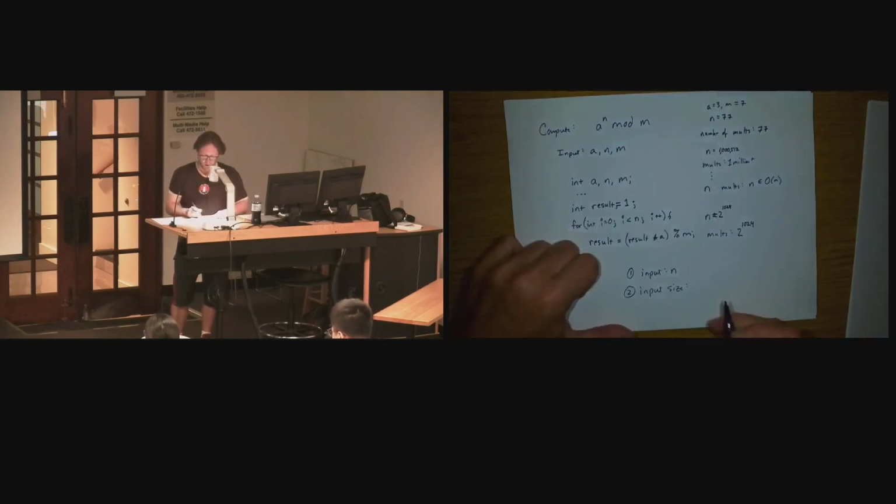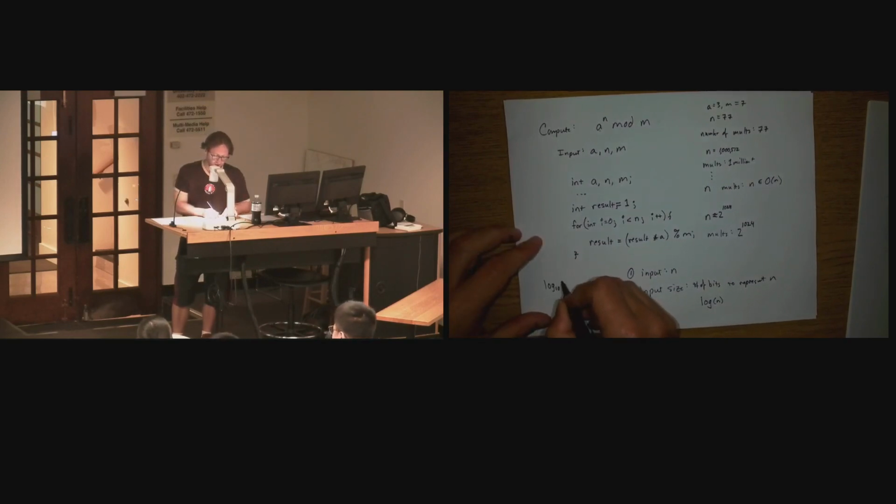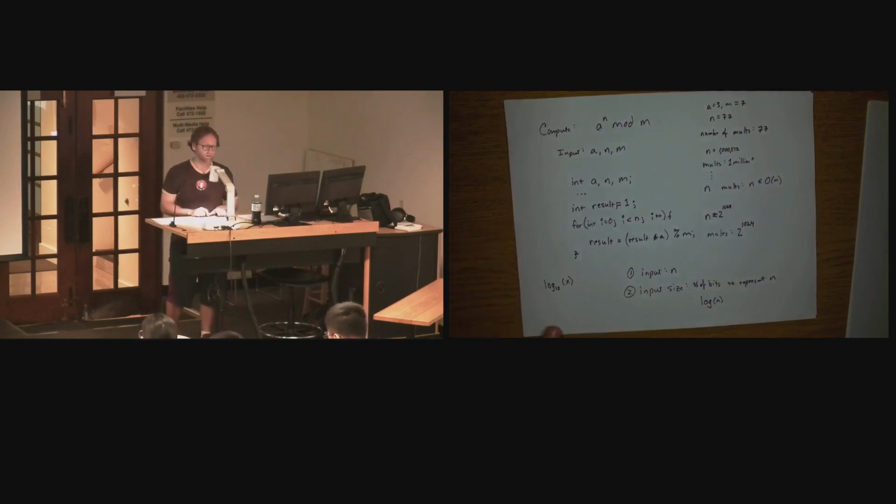So, in general, the number of bits to represent n is log base 2 of n. Just like one interpretation of log base 10 of x is the number of digits it takes to represent something.